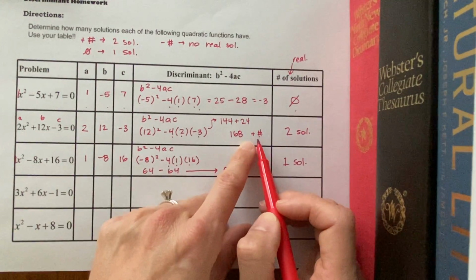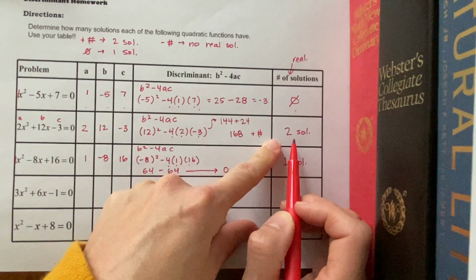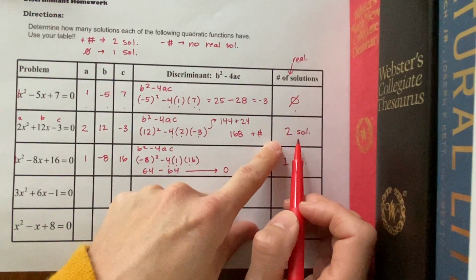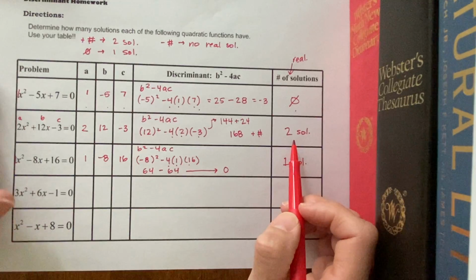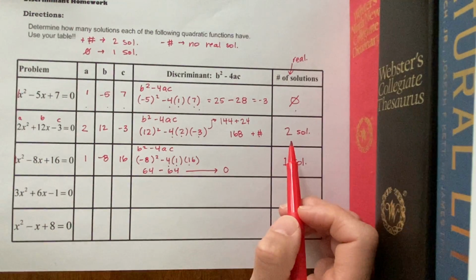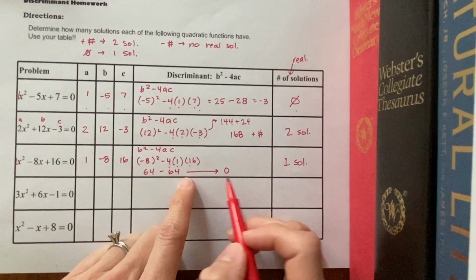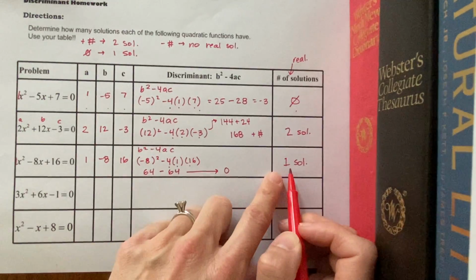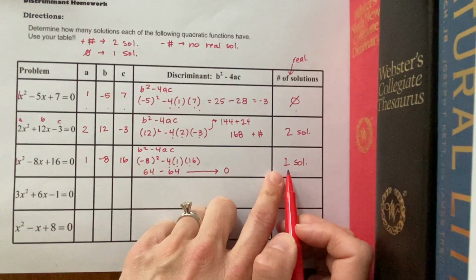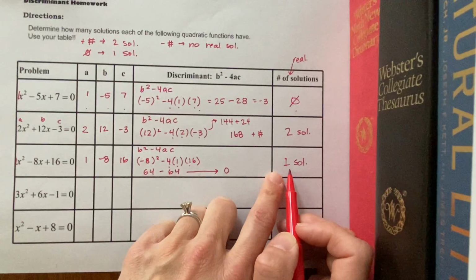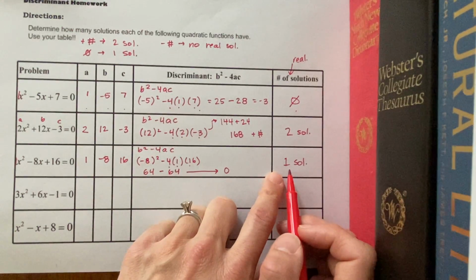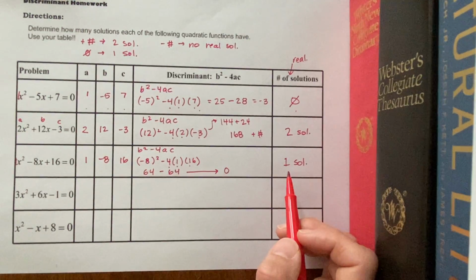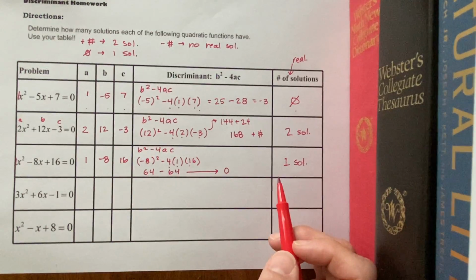In this second one, I got a positive number and there are 2 solutions, so I know I'm going to have to do the quadratic formula twice because I'm looking for 2 solutions. And then in this one, when I got 0 and I have 1 solution, I know that when I go to do the quadratic formula, I'll only have to do it once. Because the positive and the negative would be the same. All right.